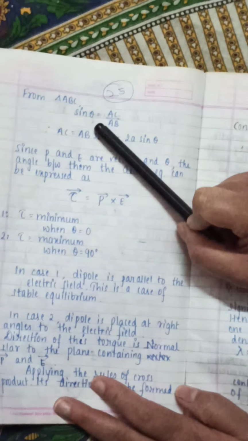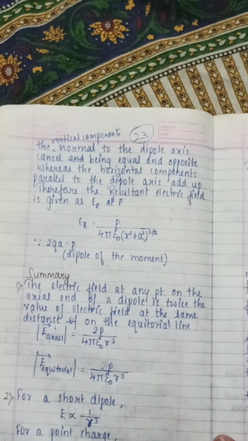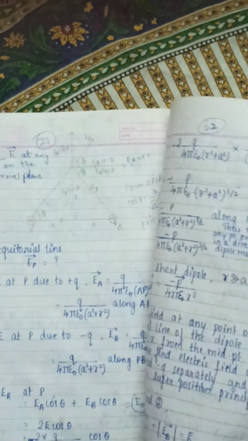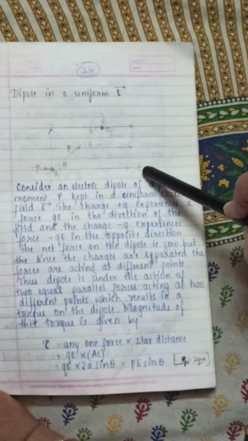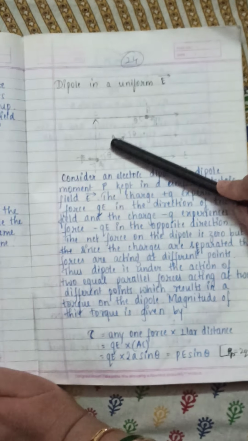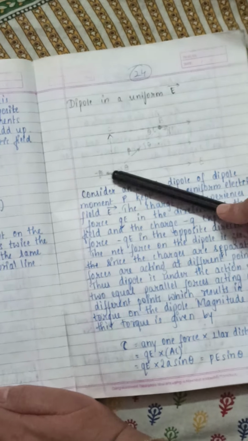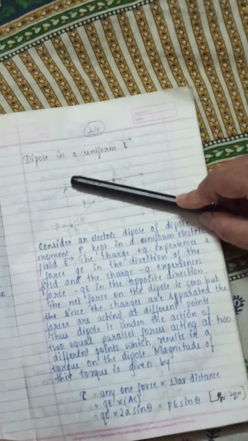Now for the calculation of AC. From triangle ABC, sin theta is equal to... where does this sin theta come from? There is an angle between p and E. P is the dipole moment and the angle between p and E is theta. So the vertical component of this is sin theta.